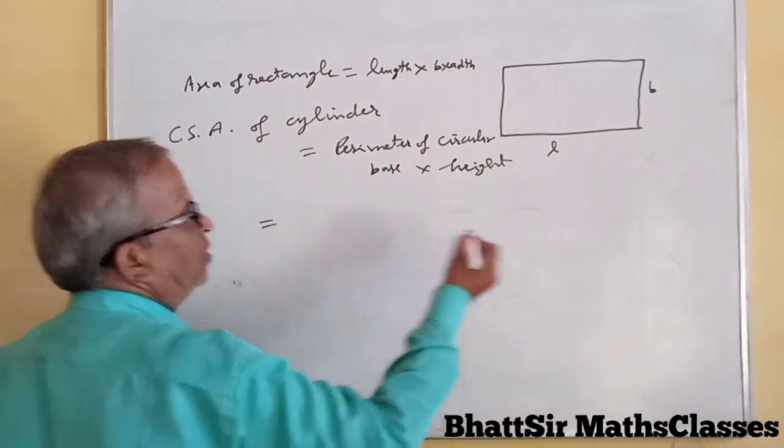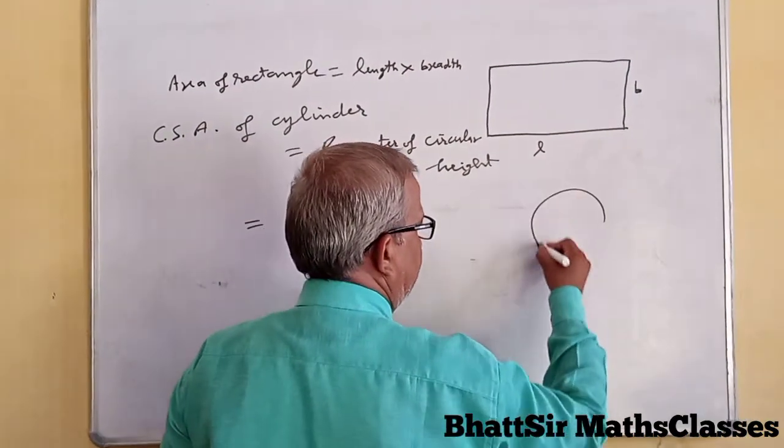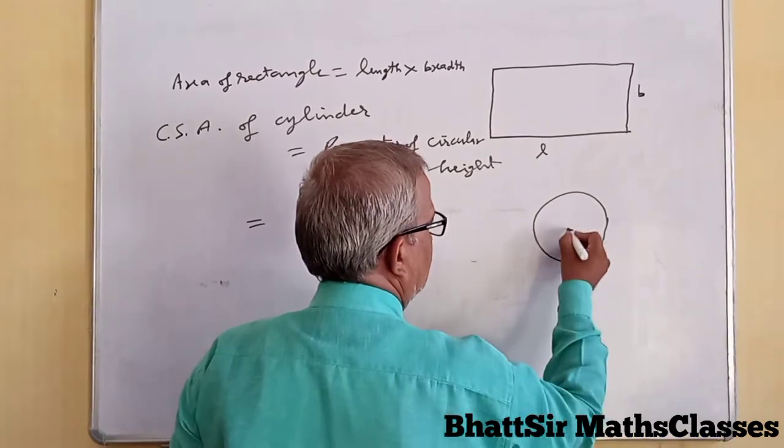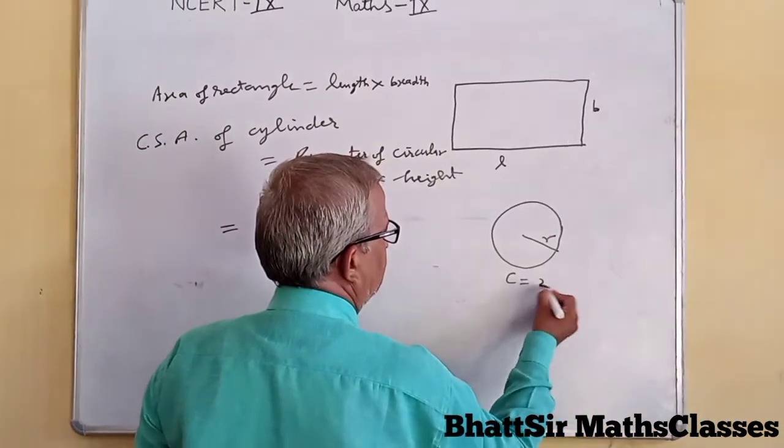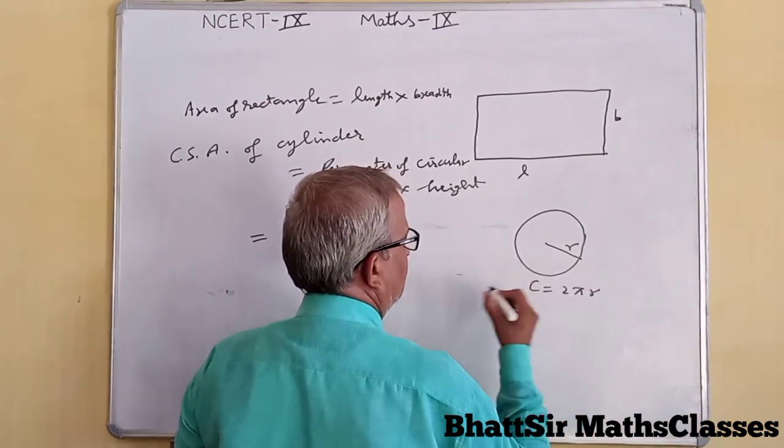As you know, the perimeter of a circle, so circumference, equals 2 pi r.